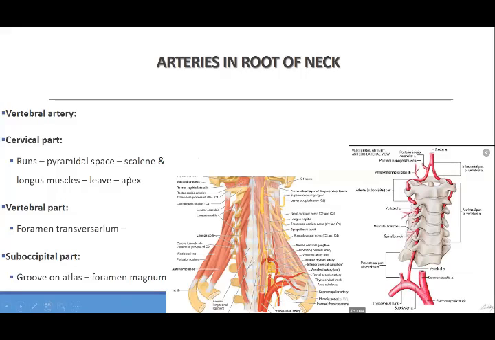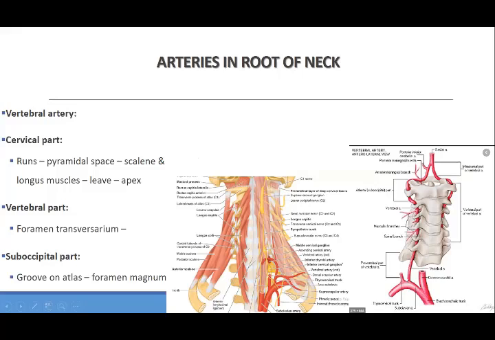इसकी बात कर लेते हैं vertebral की, important है. It's a very important artery because this is the artery that supplies structures in the neck and also structures inside the skull and the brain. Okay, cervical part. This is the cervical part that runs in the neck.